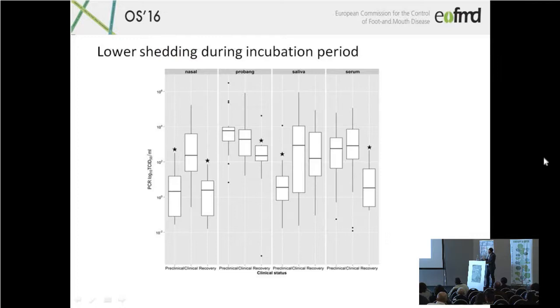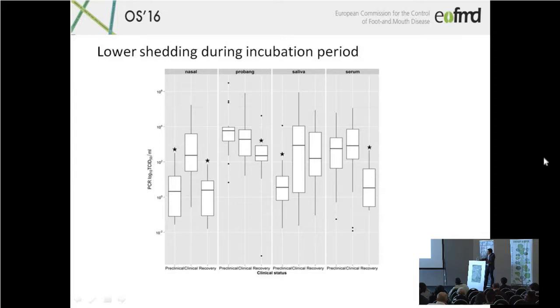And why do we think this transmission is not taking place in the subclinical phase? Well, here I'm taking some data. These are PCR values here. Sorry about the size of the text, but we tried to analyze shedding of foot and mouth disease in the different states of the infection process.